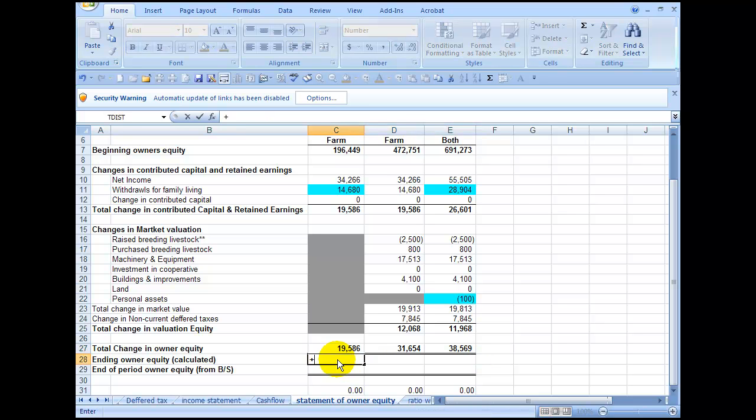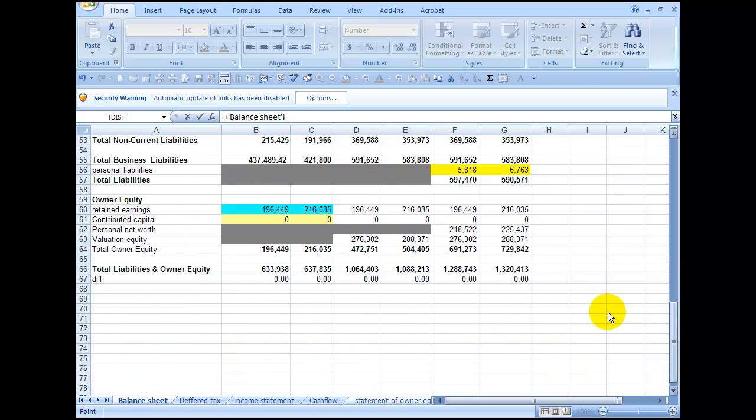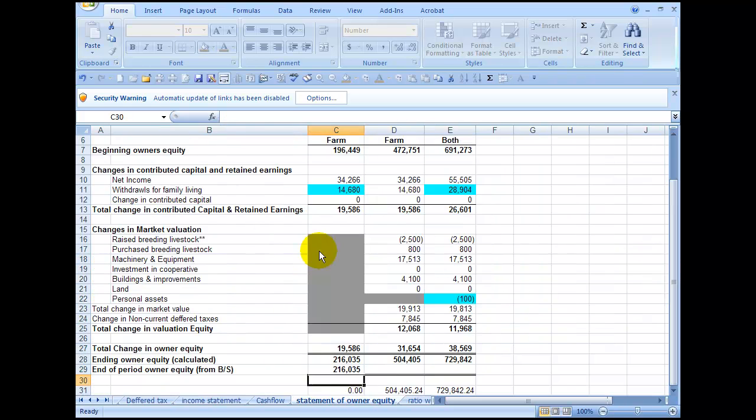So if we take our beginning plus our change, that's going to equal what our ending should be. And we can just copy that formula across. Again, if you want to check, just double click, make sure it's referring to the right things. And we can check that by looking at what our balance sheet says. So plus or equals, go over to the balance sheet, our owner's equity ending for the cost, and we're right on.